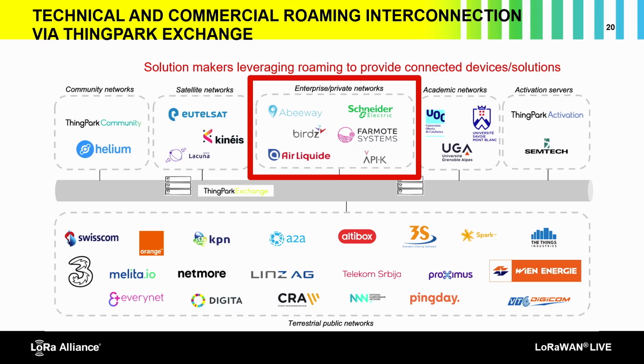So again, going back to ThinkPark Exchange, this is exactly what the solution providers in this red rectangle are doing, like Birds, Air Liquide, Schneider, Farmode, Epic. They've got devices that are bundled with connectivity. And for bundling connectivity, they have roaming agreements with various network operators, public and private, and also community on this backbone.